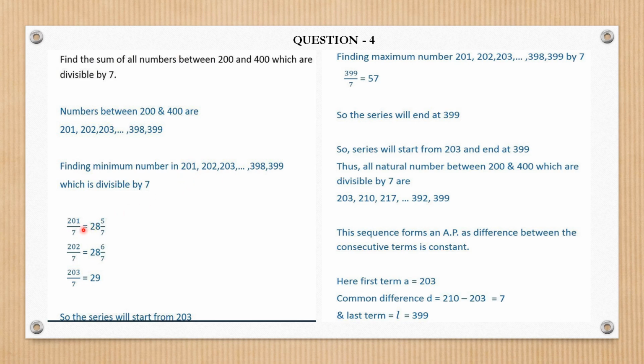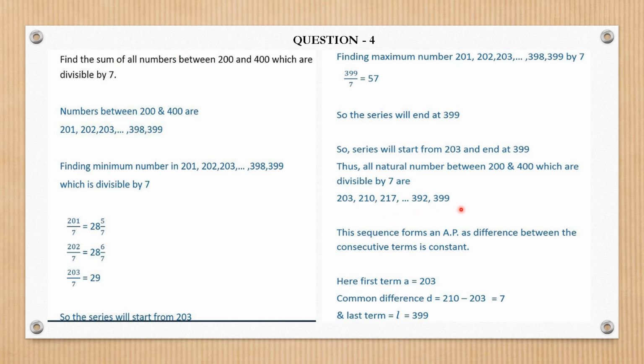It will come to my notice that 201, 202 are not divisible, but 203 is divisible. So my first number is going to be 203, and my last number 399 is also divisible by 7. So my series, or AP, will start from 203 and end with 399. All these are multiples of 7, that's why they are divisible by 7.